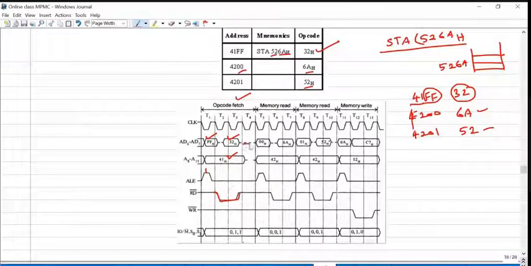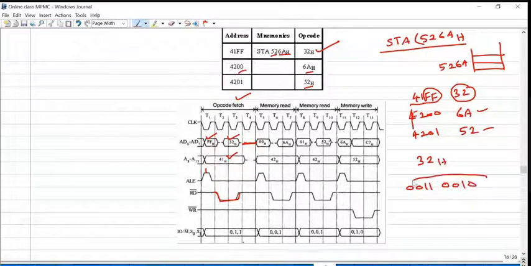During the T4 clock cycle, the processor decodes the hex value 32, that is 00110010. The processor will read this binary information, then understand that the accumulator content must be stored in a 16-bit address. Those 16 bits of information are available in the next 2 consecutive memory locations, 4200 and 4201.